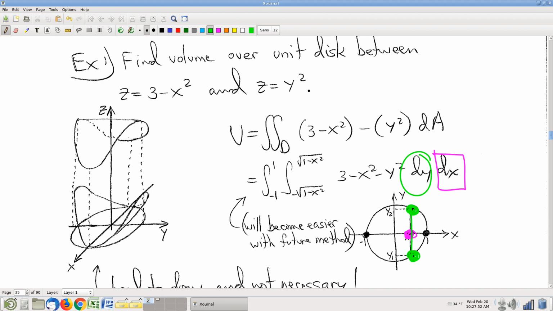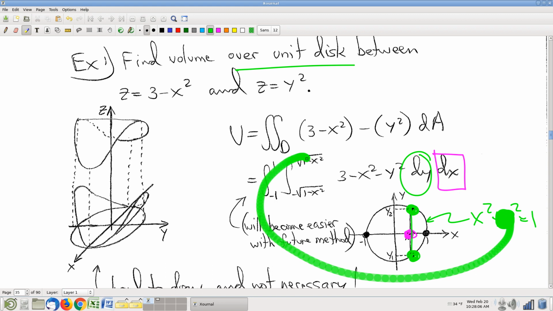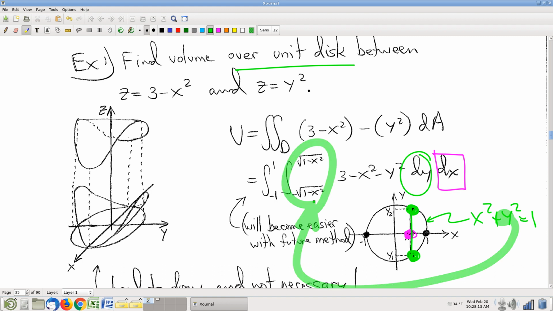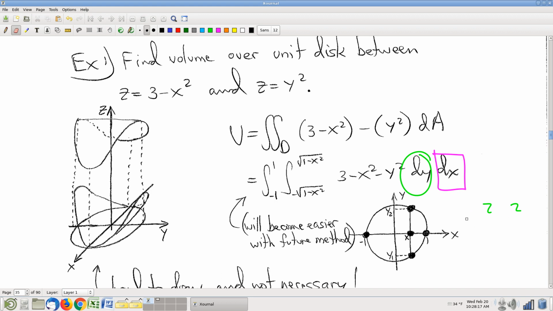If you write down the equation of that curve, keep in mind it's the unit disk, and solve for y, you get those two values. Okay.